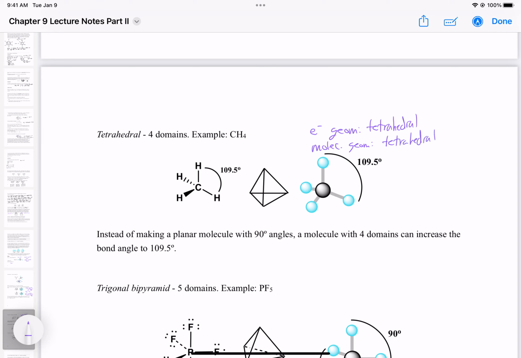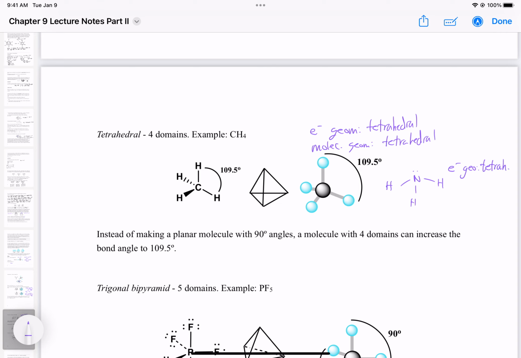Now let's imagine that instead of carbon in the center, we have ammonia, where we take one of the bonds to hydrogen and make it a lone pair on nitrogen. So this molecule still has the same electron geometry, 4 electron groups, so the electron geometry is still tetrahedral.